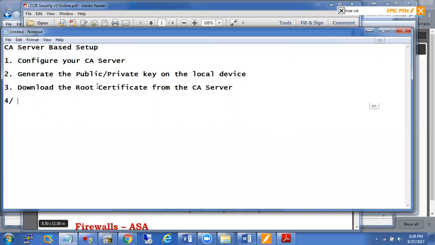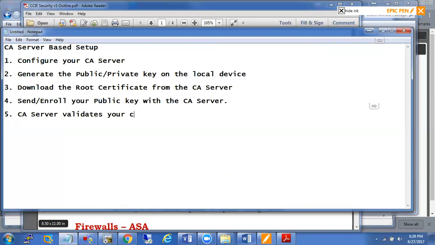All right, so I've downloaded the root certificate. Once I've downloaded the root certificate, what would I do? Send, which is also known as enroll, your public key with the CA server. Step 5, CA server validates your credentials and issues you an identity cert, which contains what?